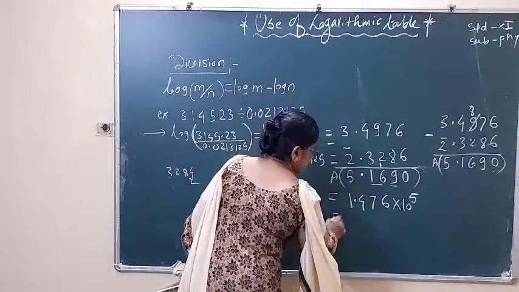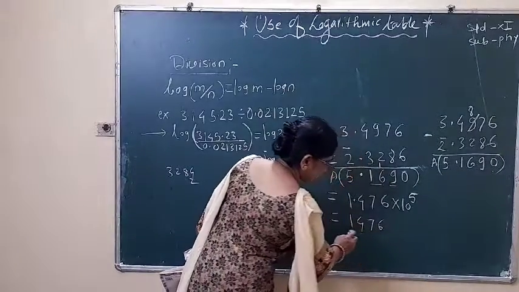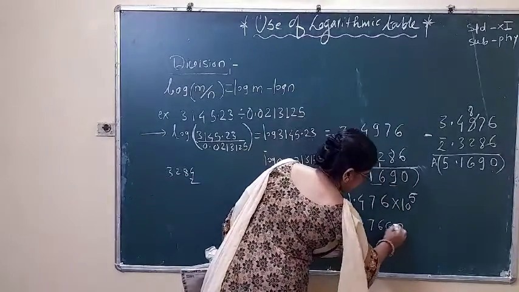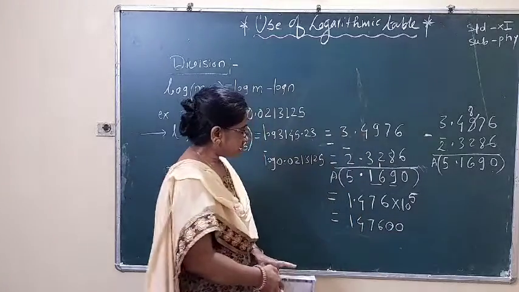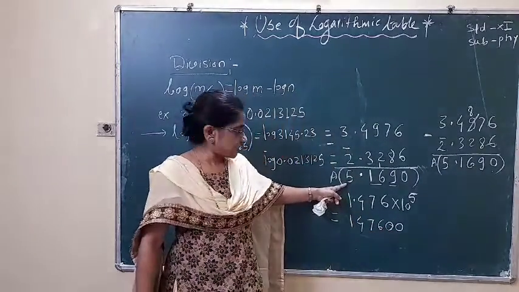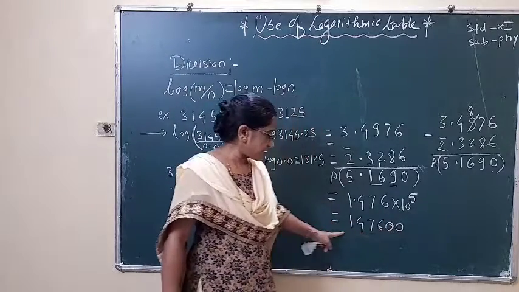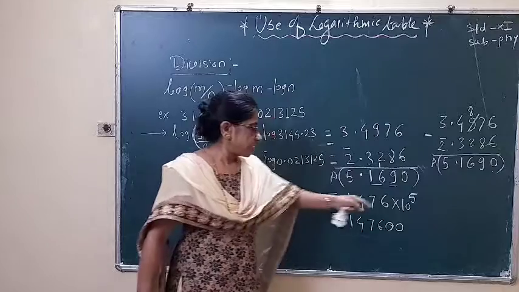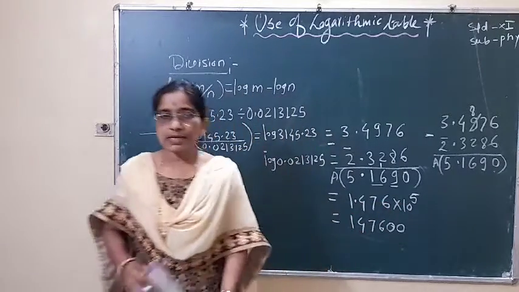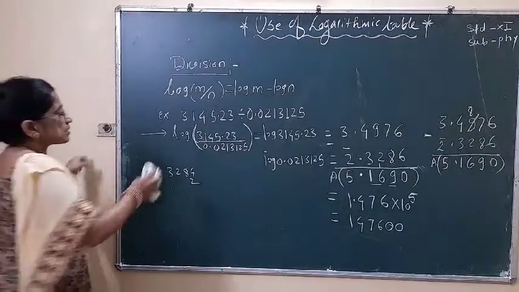Or you can write it as 147600, adding zeros; the characteristic of this number should be 5: 1, 2, 3, 4, 5, 6 digits. Or by multiplying this to this number we get this. Understood everyone? Next, one more example.